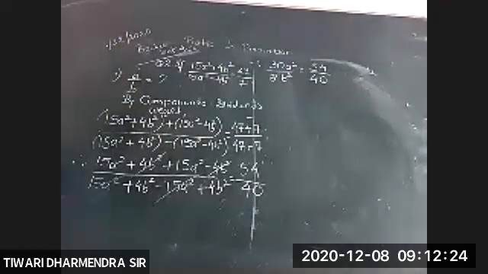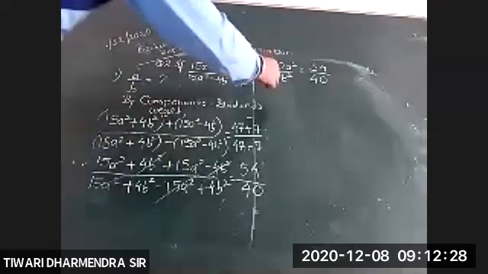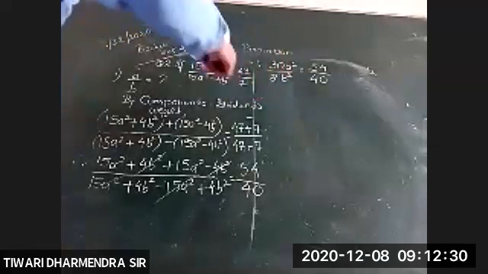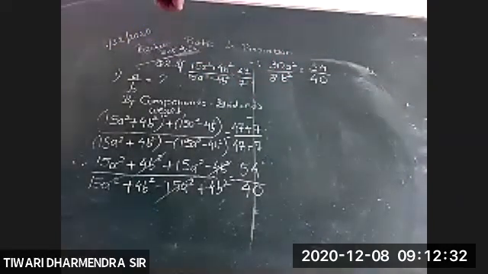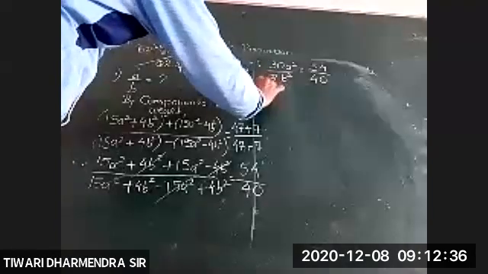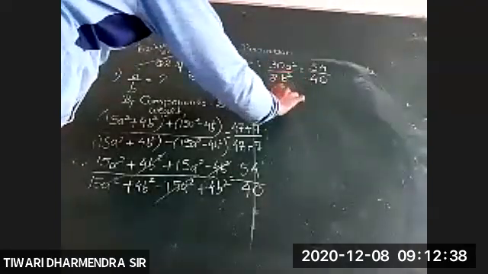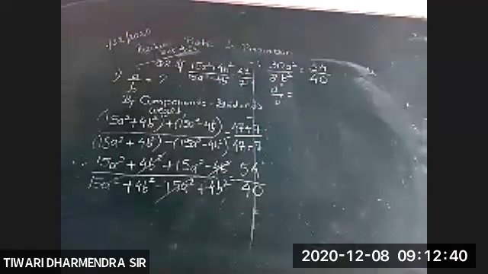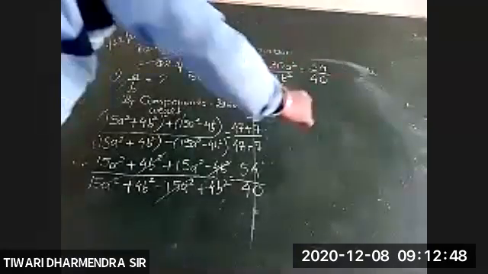So now just take this constant term which is present on the left hand side to the right hand side. So what will we get? Therefore, a square by b square is equal to: the number which is on the left hand side in the form of division, when it goes to the right hand side, will take the form of multiplication.